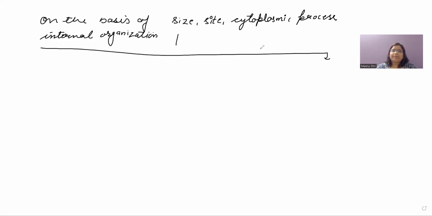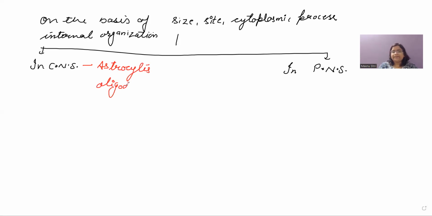One is present in the CNS, the central nervous system, and the second is present in the PNS, the peripheral nervous system. In the CNS, there are four types of glial cells. One is the astrocytes. Second, oligodendrocytes. Third, ependymal cells. And fourth, the microglial cells.